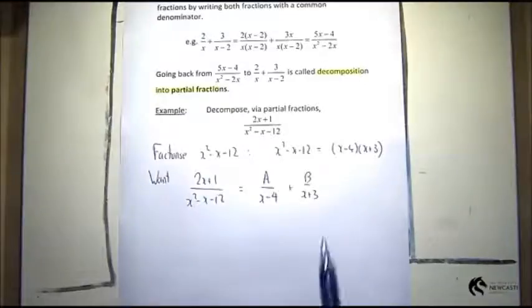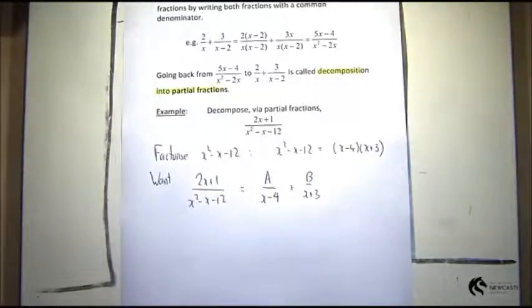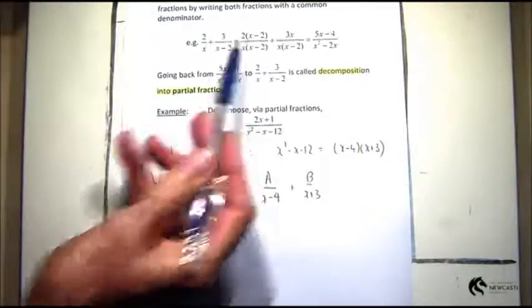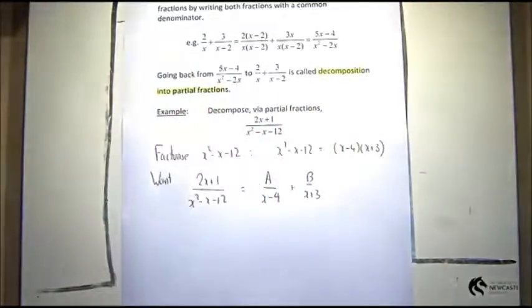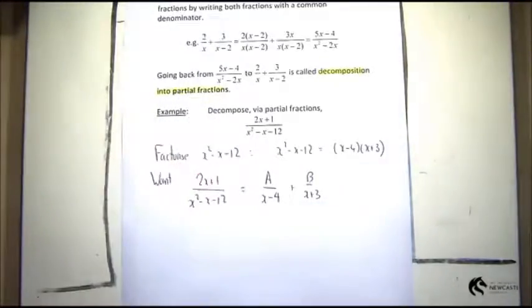My job now is to find the a and the b. In the earlier example, this would be 2 on x and 3 on x minus 2, so it would be the equivalent of finding a is equal to 2 and b is equal to 3. That's my task.